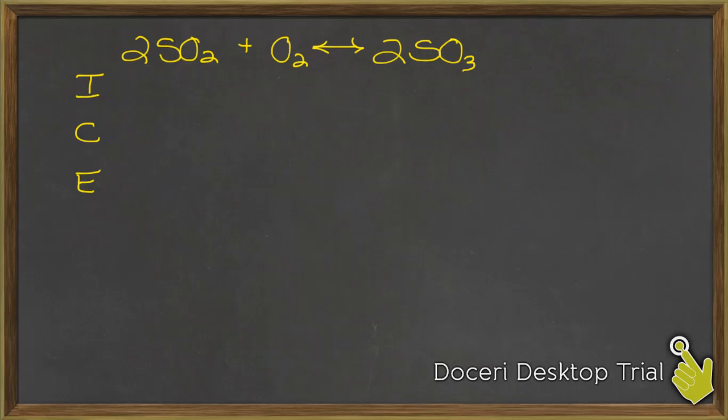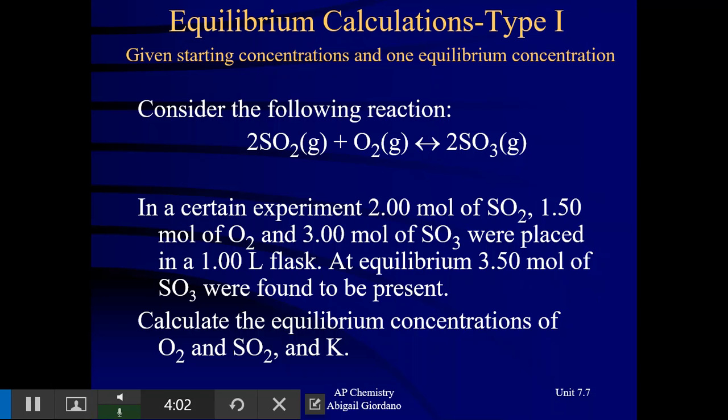So let's look at what we can fill in and what we can't. I stands for initial molarities. If you look at the first sentence in the problem, I am given moles of everything and I'm given the volume. I made this one relatively simple with a volume of 1 liter.